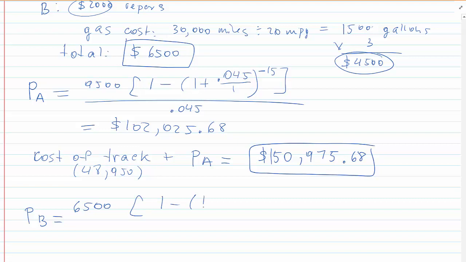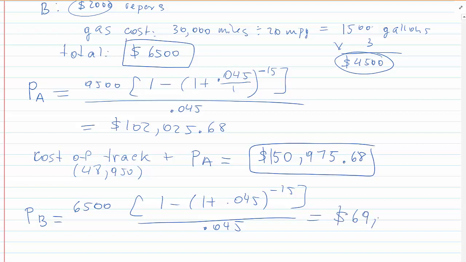So 1 minus 1 plus 0.045 to the power of negative 15, divided by 0.045, times 6,500. So that will cost 69,000, substantially lower.